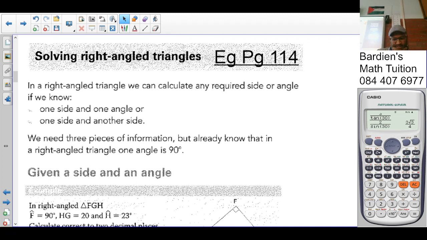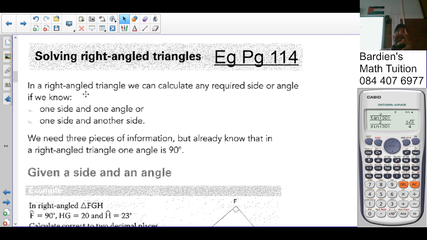We are told that in a right angle triangle we can calculate any required side or angle if we know one side and one angle, or one side and another side. So either we know two sides, we can calculate the angle and the other side, or we have one side and one angle. So if we have two pieces of information of a right angle triangle, we can solve that triangle.